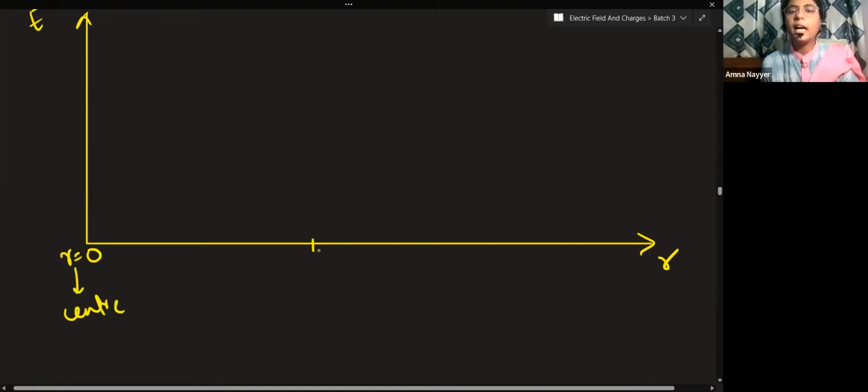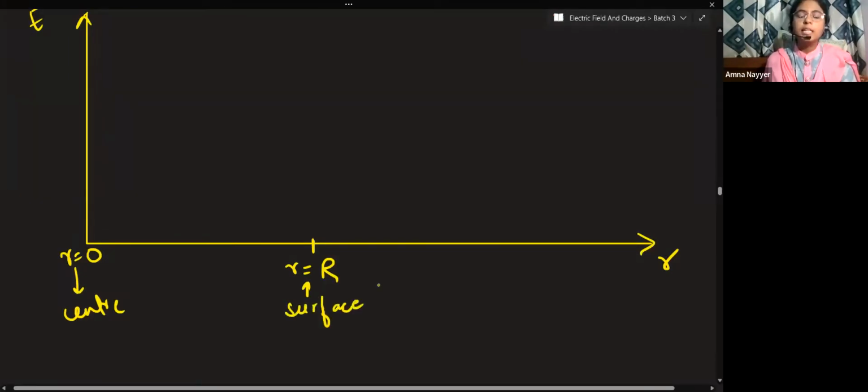Now, this point I have taken at the surface. So at the surface, small r is equal to capital R, which means the radius of the Gaussian surface is equal to the radius of the sphere itself. This is the surface.